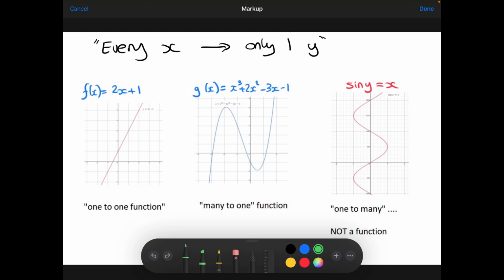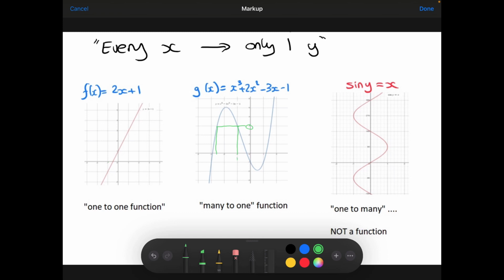If I was to substitute a half in, I only get one y value out. The other thing for me to state about this function: watch what happens when I substitute -1 in. And I'm not quite sure what this decimal is here, but roughly, let's say -1.6.